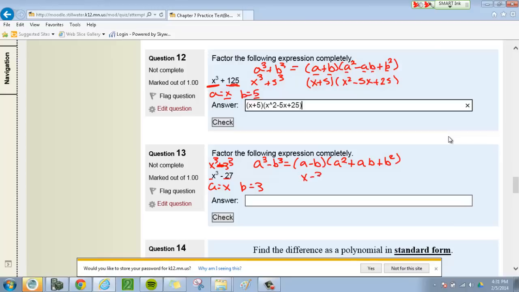We've got x minus 3, and then we've got x squared plus 3x plus 9, because 3 squared is 9. That's what we need to plug in for that one. So we've got x minus 3, x squared plus 3x plus 9, parentheses, and we're moving on, because keep rolling, right?